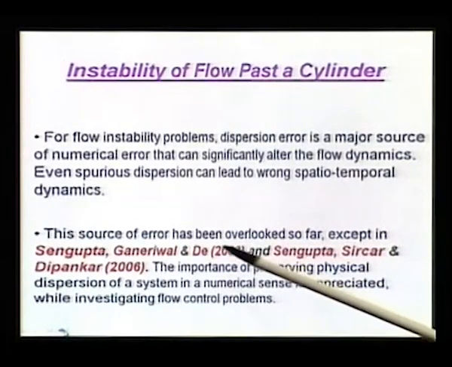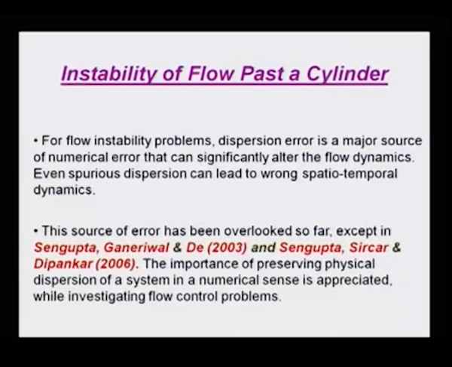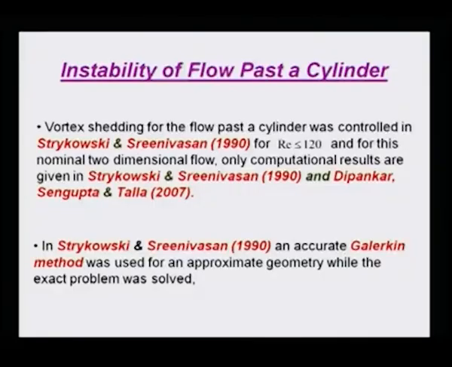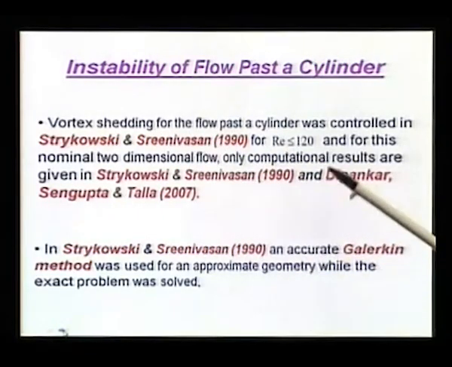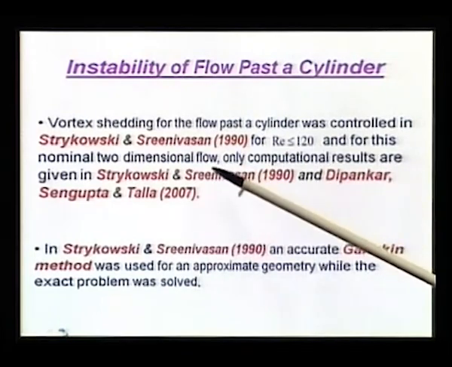We did look at these issues and developed numerical methods. There was this particular work where we tried to reproduce the flow control experiment of Tchaikovsky and Srinivasan. By putting a small control cylinder in the wake, they could delay vortex shedding all the way up to a Reynolds number of 120, and the flow was nominally 2-dimensional.